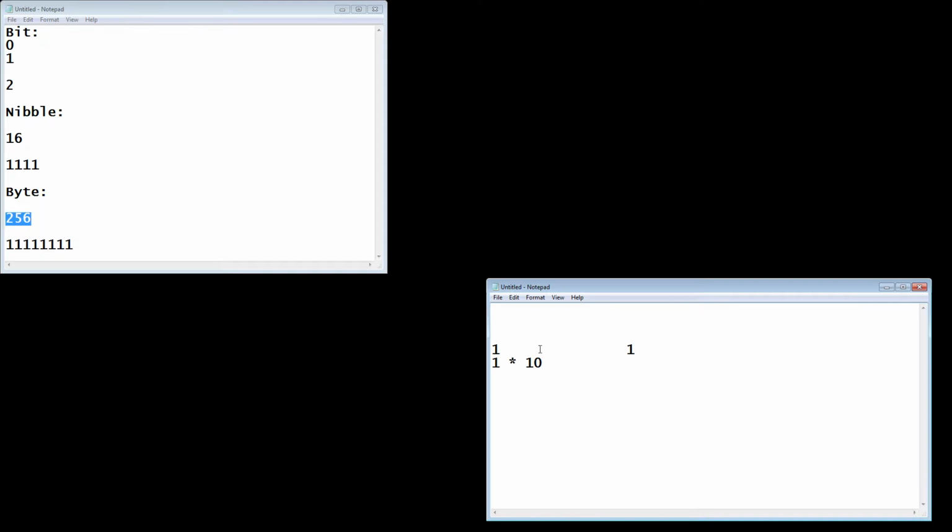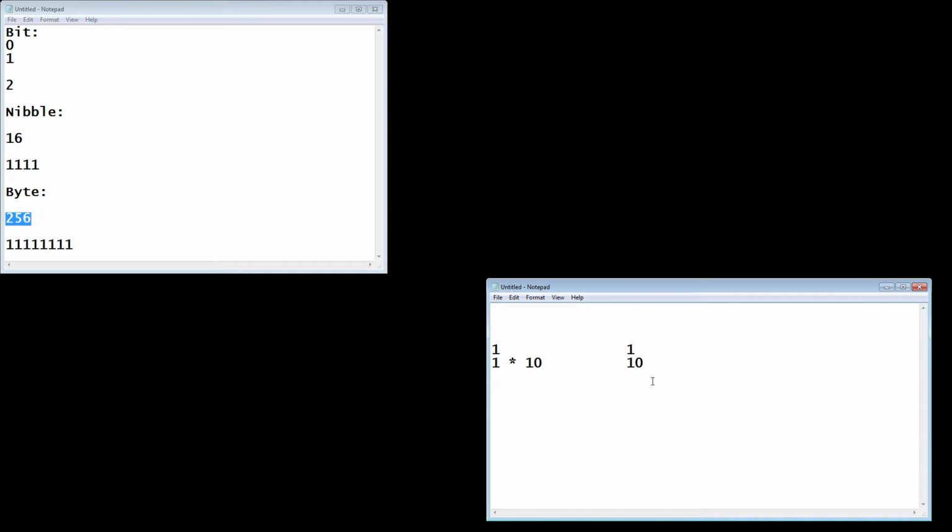1 multiplied by 10, which is 10. Now from there, we're not taking that 1 again. What we're actually doing is we're taking the current highest value of the previous, and we're going to be multiplying that by our base number.